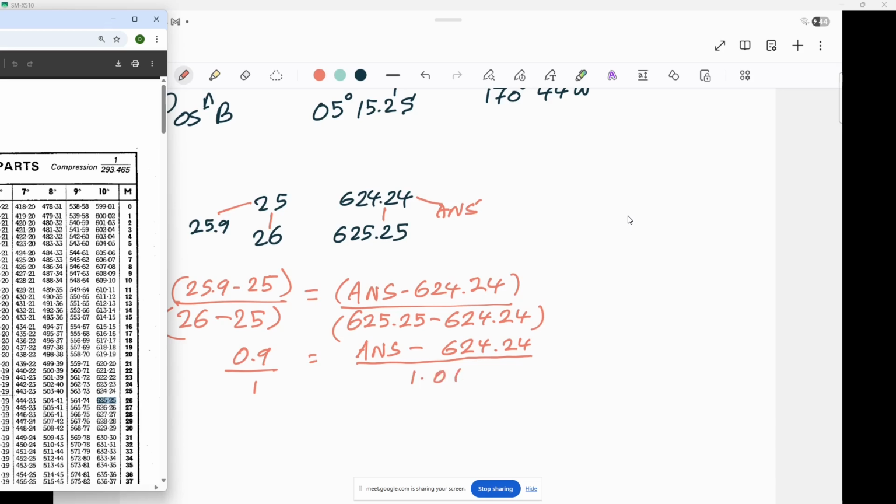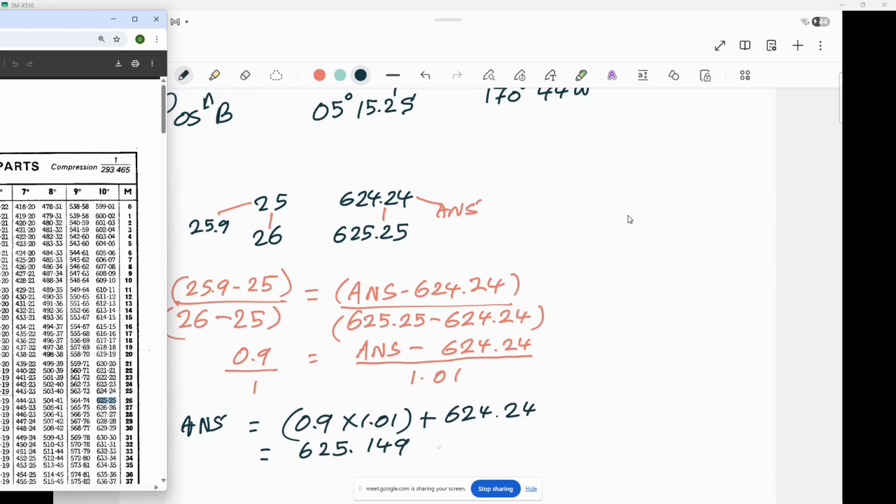So the answer equals 0.9 times 1.01 plus 624 decimal 24, which is 625 decimal 149.